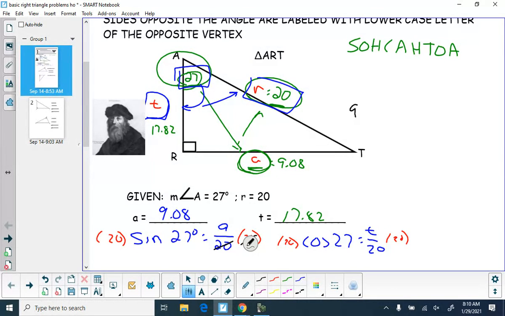So type in 9.08 squared plus 17.82 squared and hit enter. Then on the next line, type in 20 squared. Don't clear anything out, so you have two different lines.